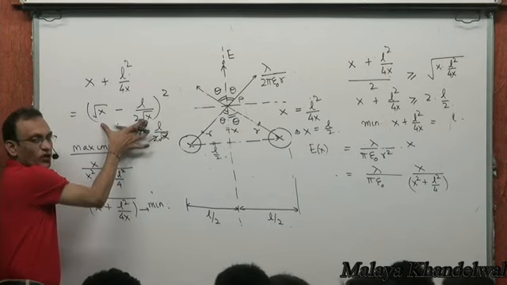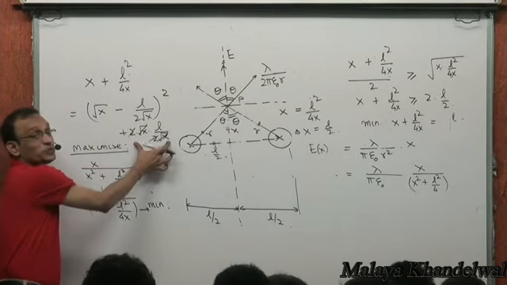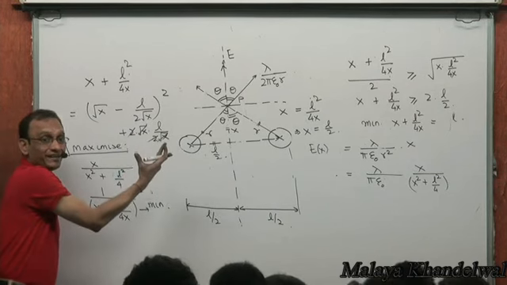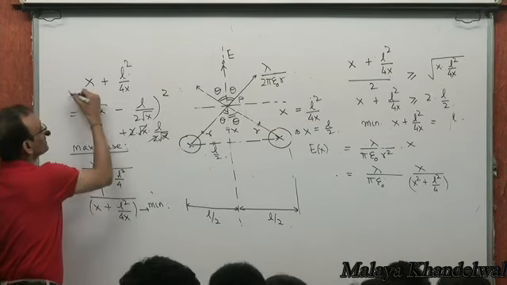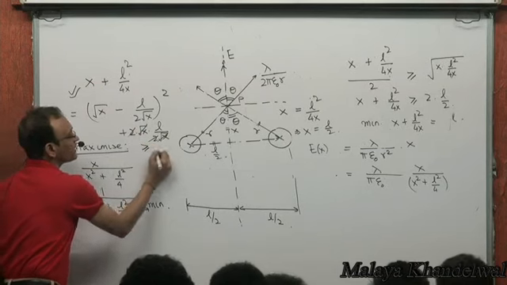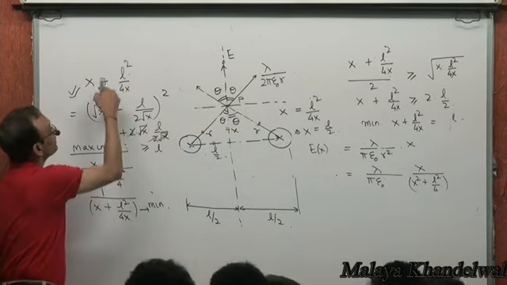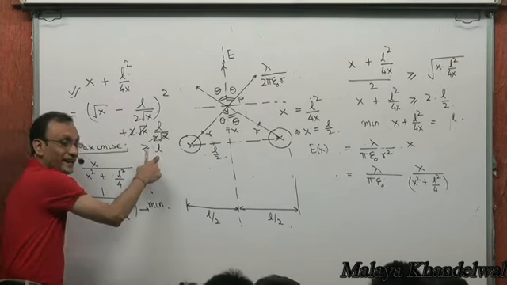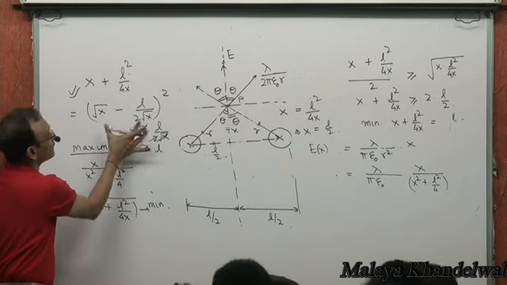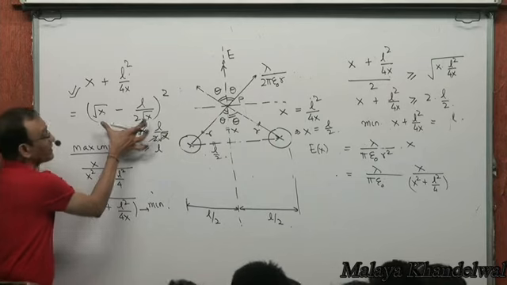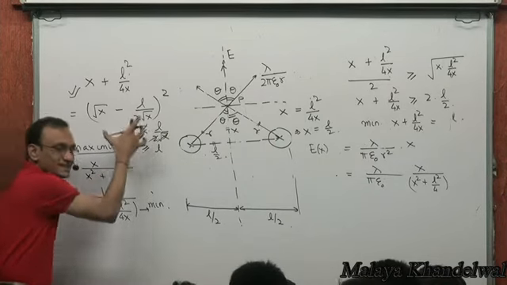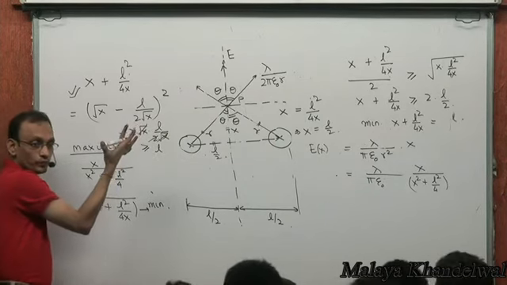This is always greater than or equal to 0. So this will always be greater than or equal to L. Yes or no? So the minimum value of this, so this is always greater than or equal to L. Do you realize that? L plus a non-negative number. So the minimum value of this expression is L. And when does it become equal to L? When this becomes equal to 0. This becomes equal to 0 when x is L by 2. Yes or no?